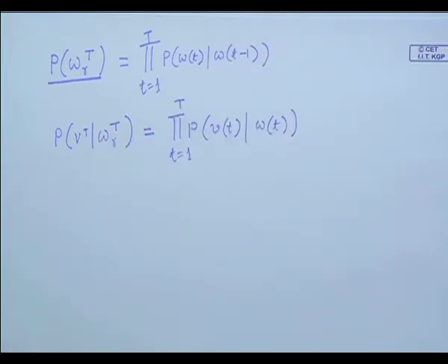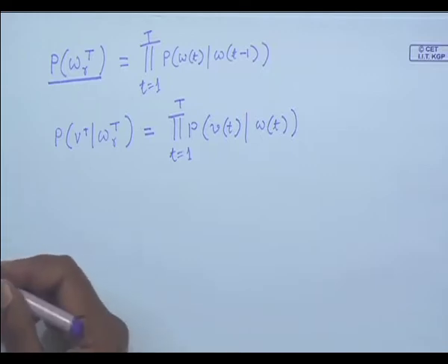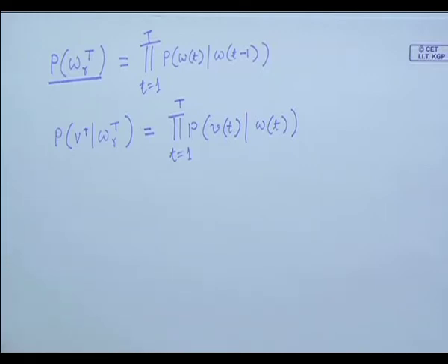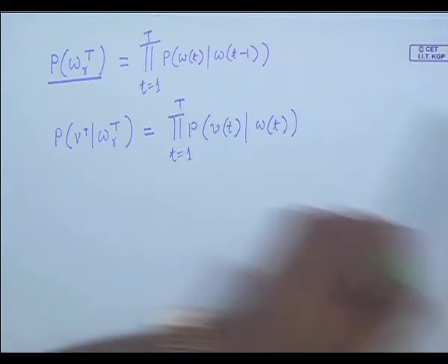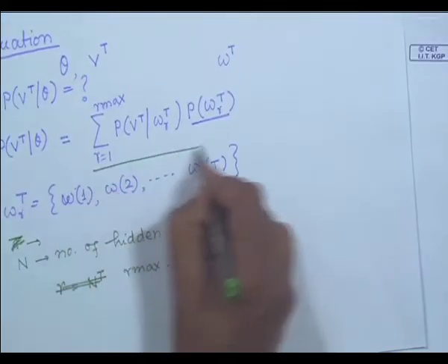So, because of these two, I can now write P V t given theta. You find that P V t given theta was this expression.